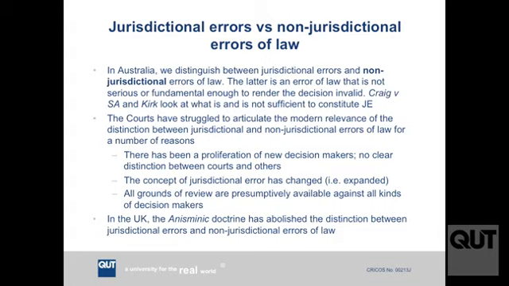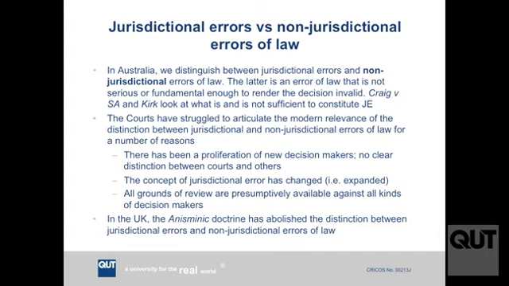The courts have struggled to articulate the modern relevance of the distinction between jurisdictional and non-jurisdictional errors for a number of reasons. First, there has been a proliferation of new decision makers, and there is no clear distinction between courts and others.